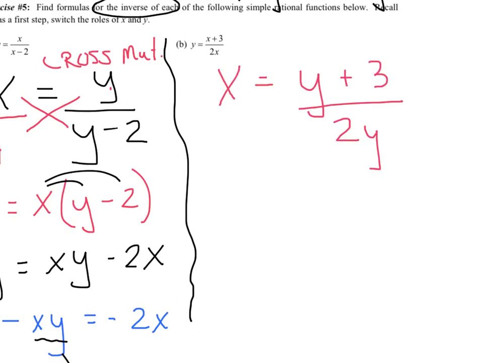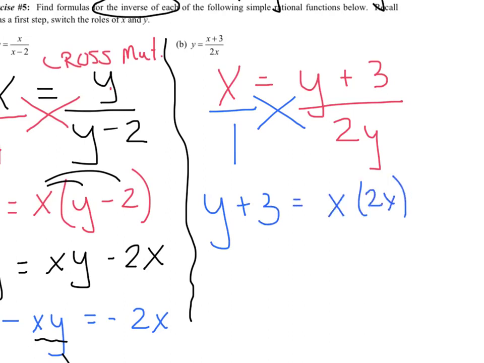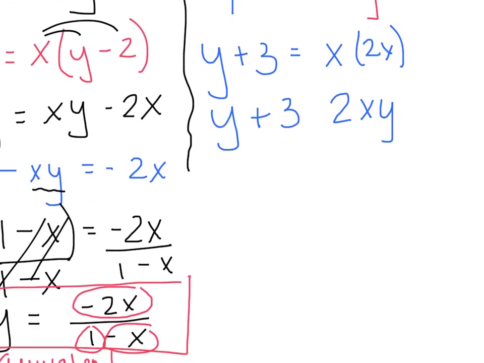I switched my x and y, so I'm putting this over 1, and I'm cross multiplying. 1 times y plus 3 is just y plus 3. Then I'm going to say it's x times 2y. Okay, so I've got y plus 3 equals 2, an x and a y. Remember, you have to get the y's on the same side.